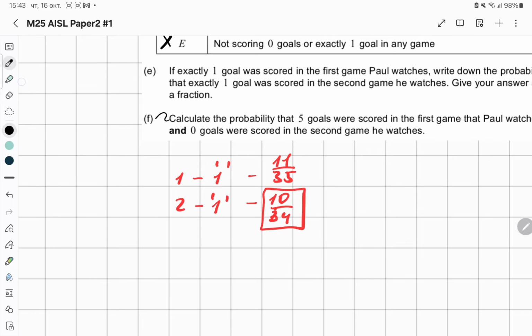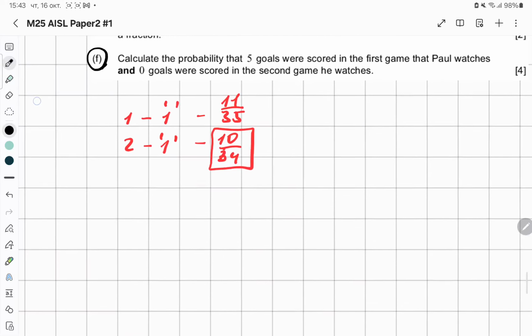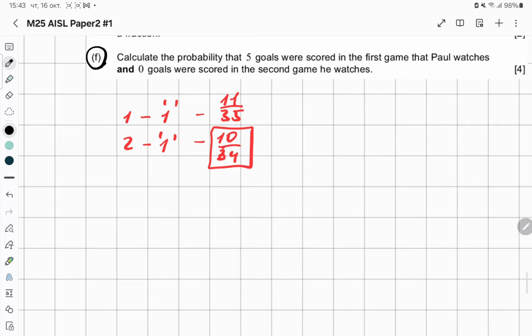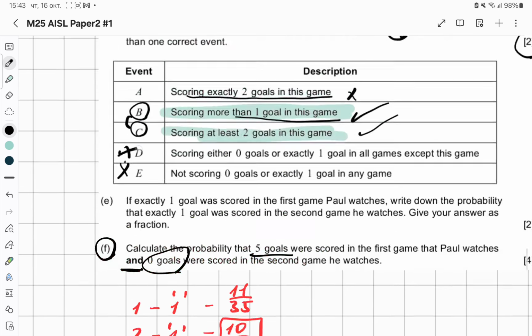Okay, and the last part F. Calculate the probability that 5 goals were scored in the first game that Paul watches, and 0 goals were scored in the second game he watches. So it says 5 goals and 0 goals. So we have to use the probability of 5 goals.